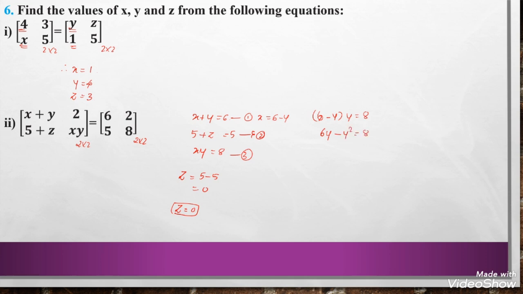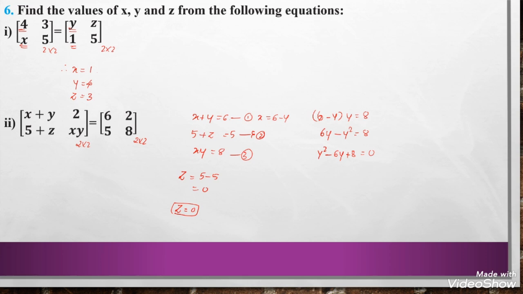Again, while solving the quadratic equation, taking all the values to one side, it becomes y square minus 6y plus 8 is equal to 0.